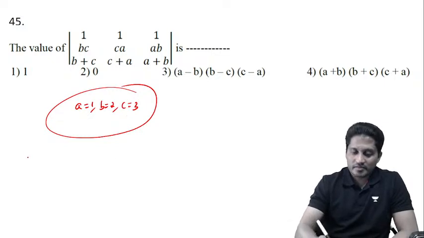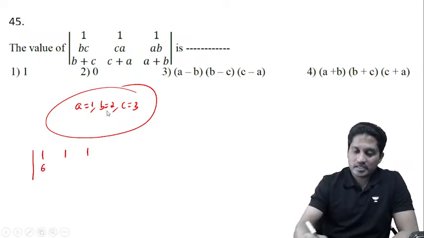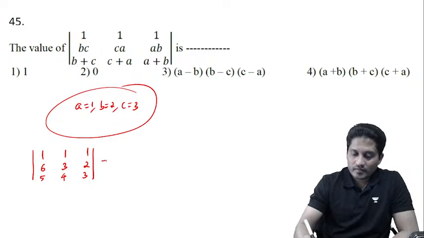So this becomes the determinant of 1, 1, 1; bc is 6, ca is 3, ab is 2; again, b plus c is 5, c plus a is 4, and a plus b is 3. Delete first row, first column: 9 minus 8.